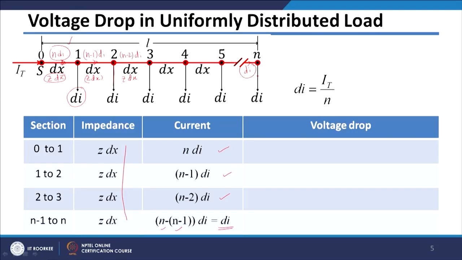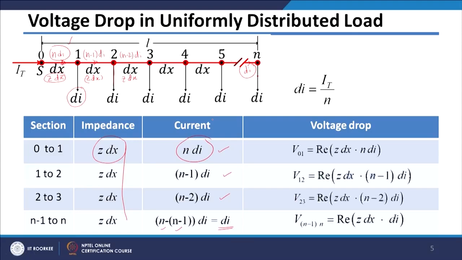Then the voltage drop, we have seen, is the real part of Z multiplied by current. So, if you calculate the real part of Z multiplied by current, this is your impedance and this is your current. So, it will be the real part of Z dx multiplied by N Di. Similarly, in the second section, the voltage drop is with impedance Z dx and current N minus 1 Di.